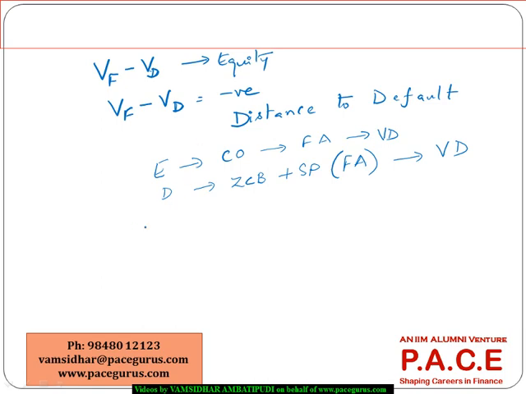And as we know, the value of the firm is nothing but the value of equity plus the value of the debt at any point in time. So I can very well write out, okay, how do I write the value of the equity here? The value of the equity is nothing but the value of the European call option on the assets, plus the value of the debt, a zero coupon bond.